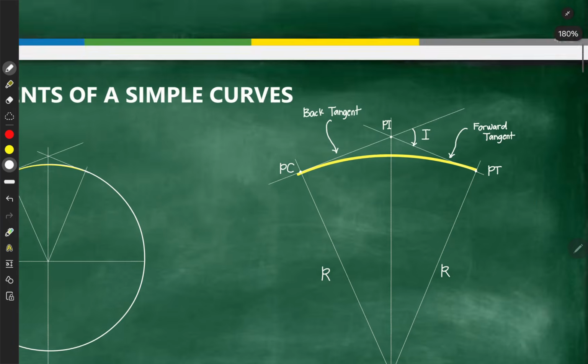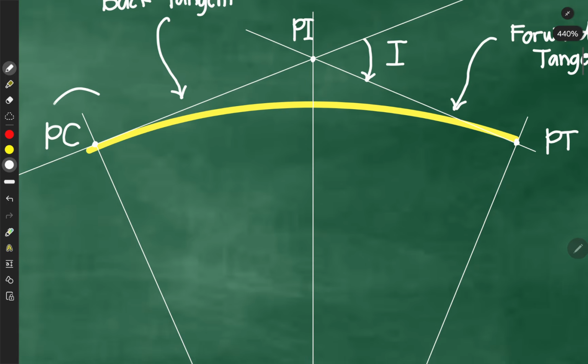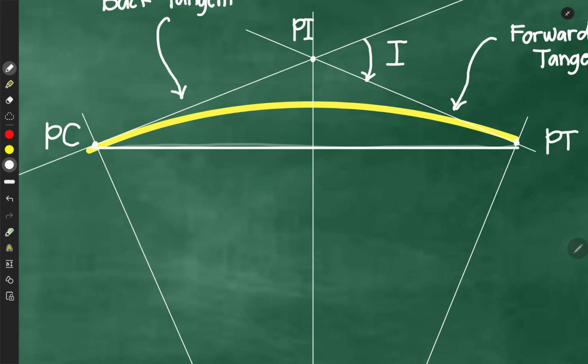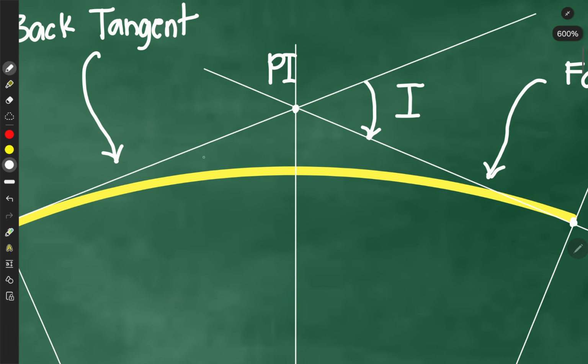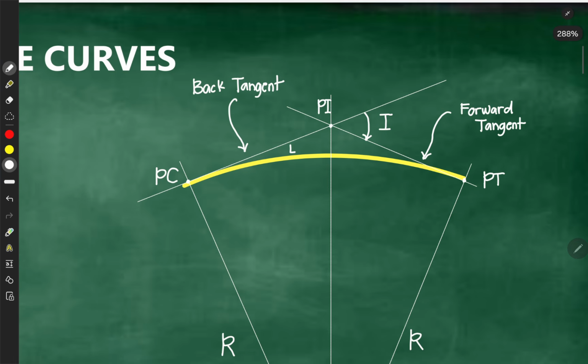So if this is our PC and if this is our PT, the length of curve is the distance from PC along the curve. Hindi mismong ganyan, kasi ang tawag naman natin doon later on is long chord. So again, this is our L, length of curve. That's just L.